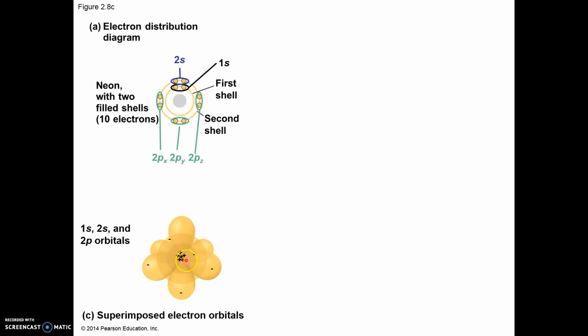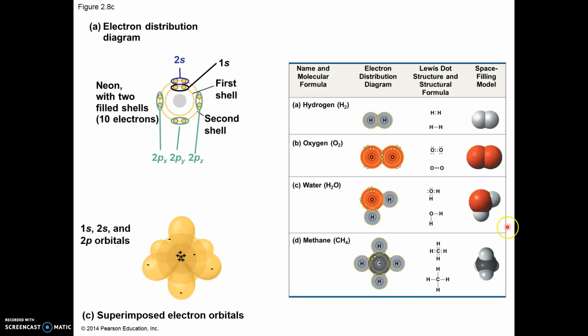I also want you to remember that the nucleus is positively charged and the electrons are negatively charged. Okay. Now, when we start thinking about forming covalent bonds, what I want you to recognize is that these two electrons are being shared by both of these nuclei. That's going to change its distribution. Okay, and the same is true for all of these.